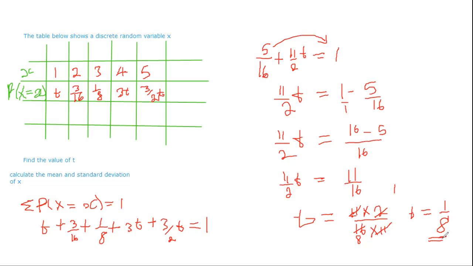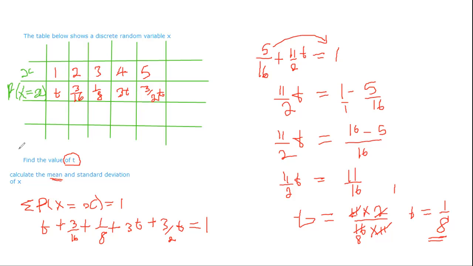Are we okay up to that point? Yeah. Okay. Now after getting that, we are going to substitute. Because now we have found the value of t, we need to find the mean.